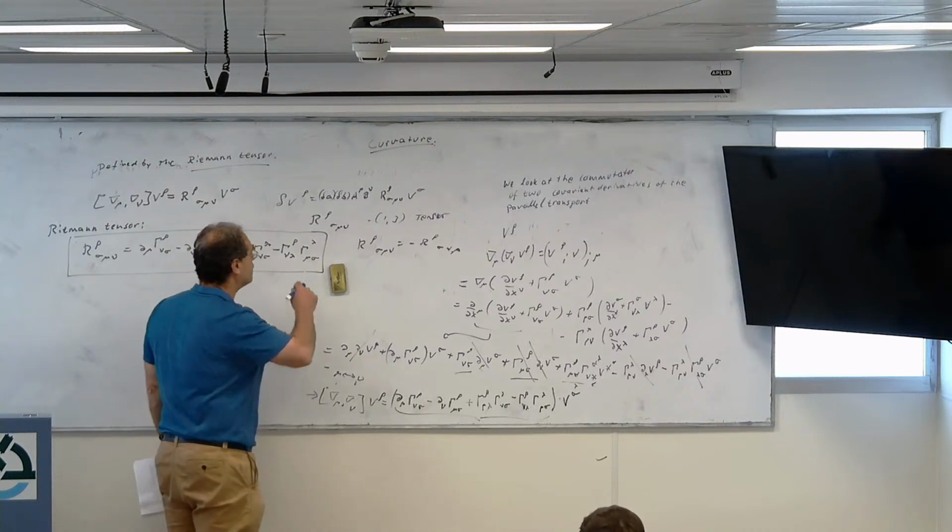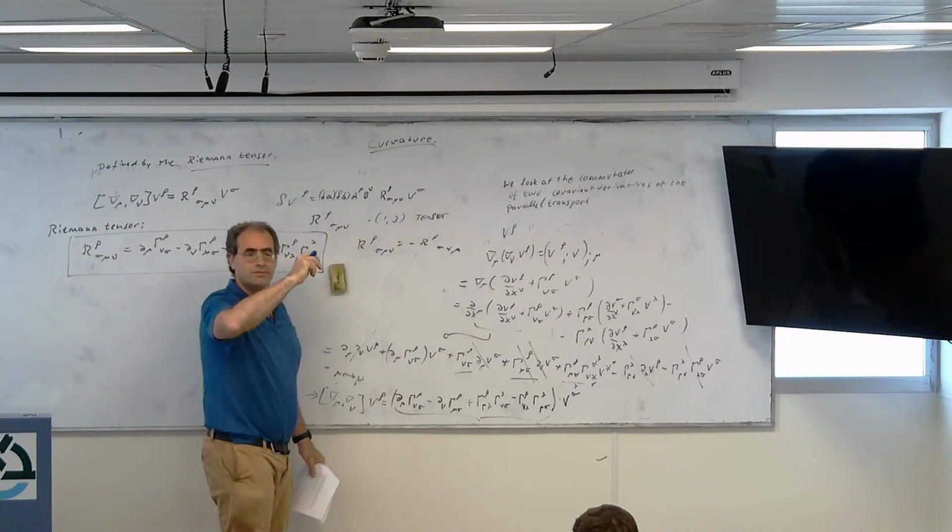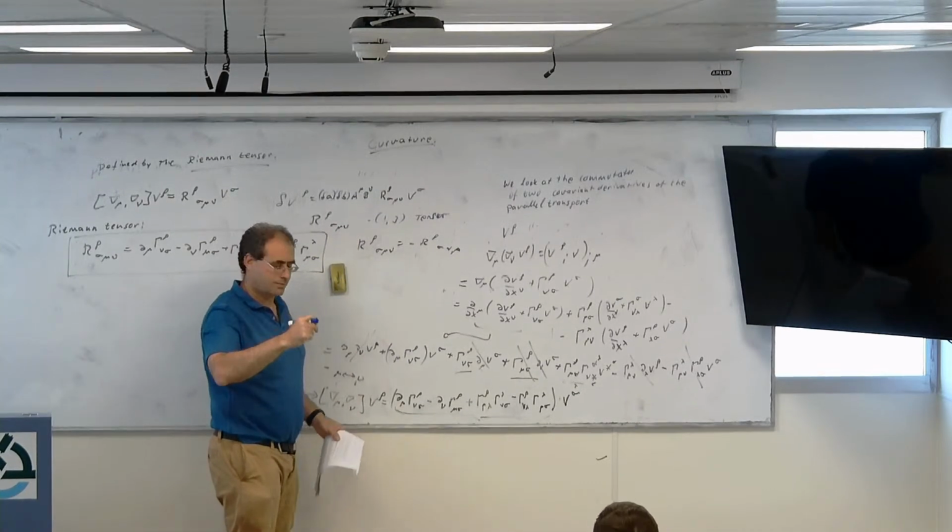If we want to look at the change of not the vector V but of any tensor T, how will it look?